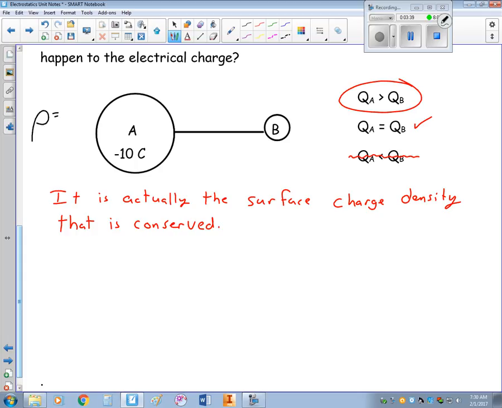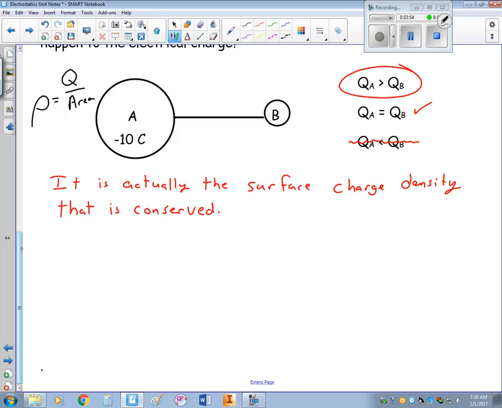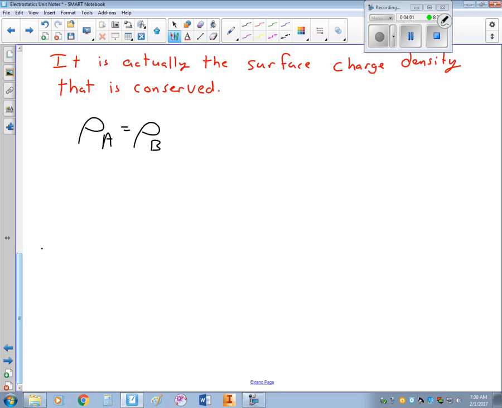So surface charge density is going to be the charge per unit area. So that's how we're going to define surface charge density. So I would say that the surface charge density of object A must equal the surface charge density of object B. So the charge on A over the surface area of A must equal the charge on B over the surface area of B.